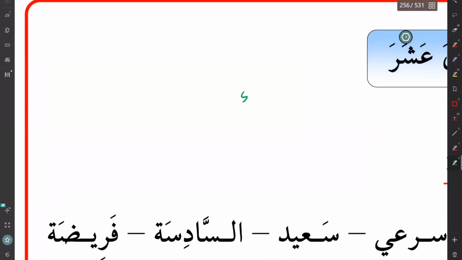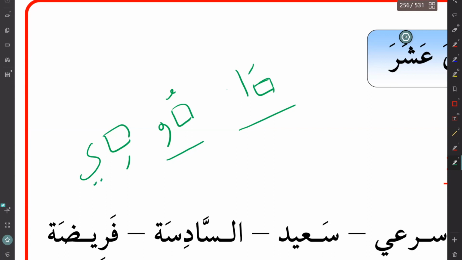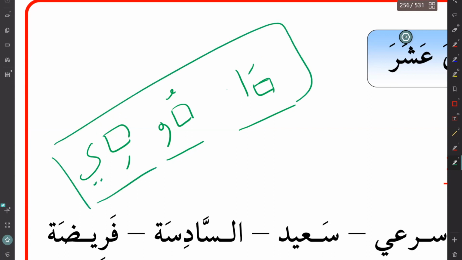When you have a fatha and alif, whatever this letter is, this is one madd. And when you have a damma and waw, this is the second madd. And when you have a kasra and ya, these are the only madd that exist in Arabic in terms of standard Arabic. You understand?